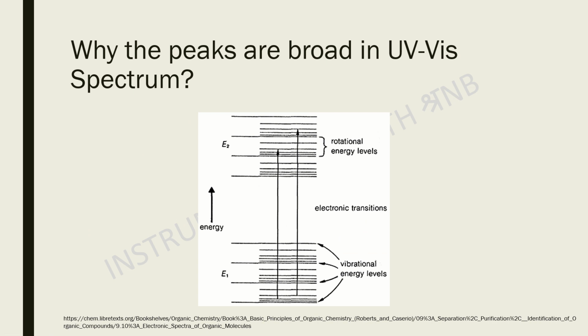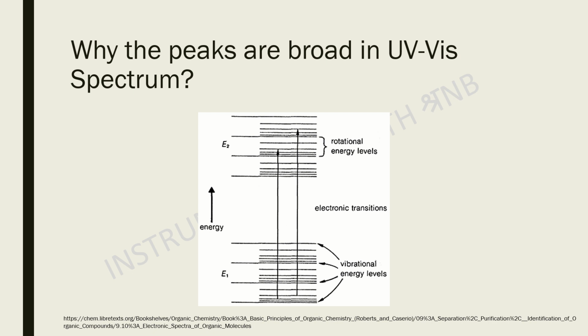Why are the peaks broad in a UV visible spectrum? As I have already discussed in my previous video on transitions in spectroscopy, there are basically 3 types of transitions: electronic, vibrational, and rotational.